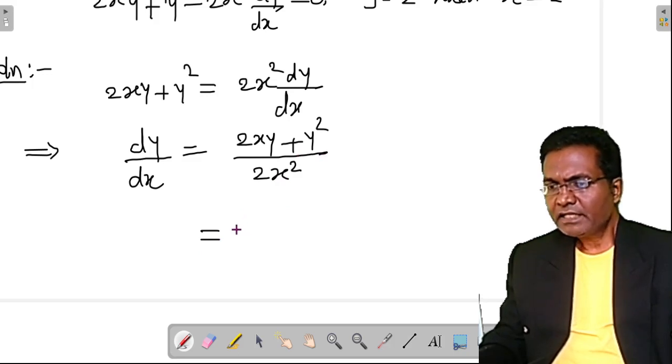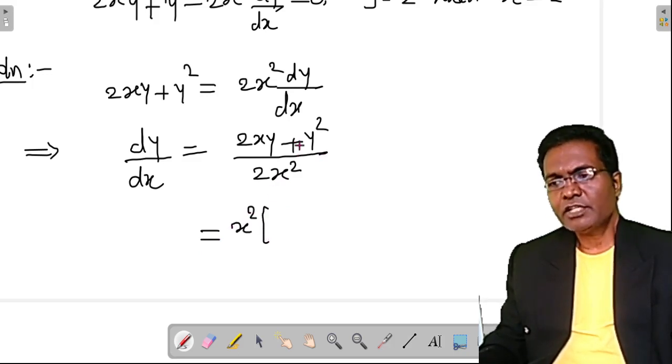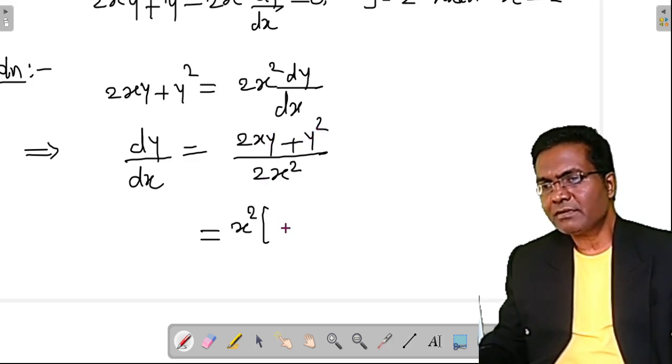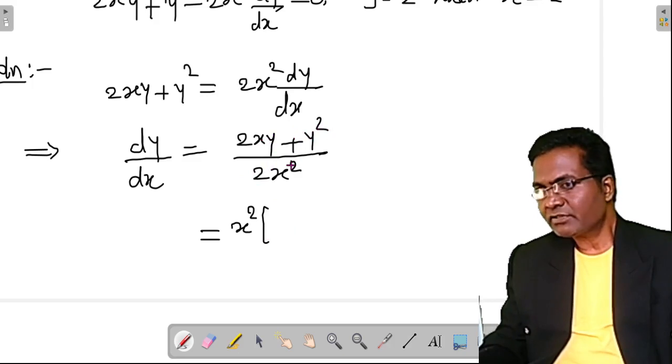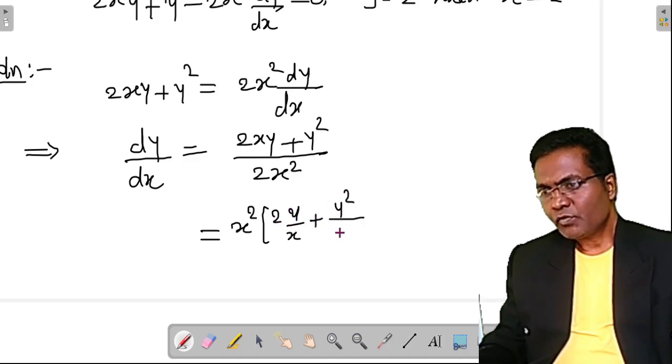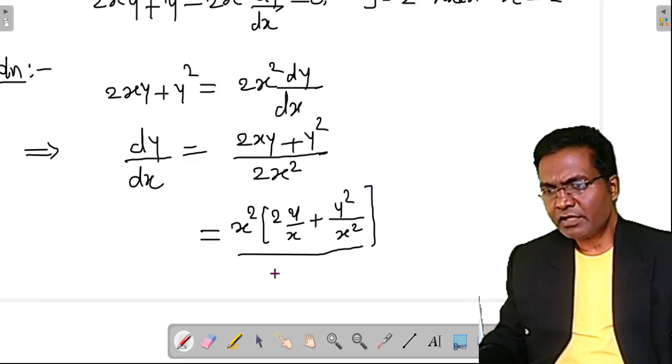If I take x square common in the numerator, look at this, degree of each term is 2, so take maximum x square common. So I can write it as 2y by x plus y square by x square. In the denominator you have 2x square.